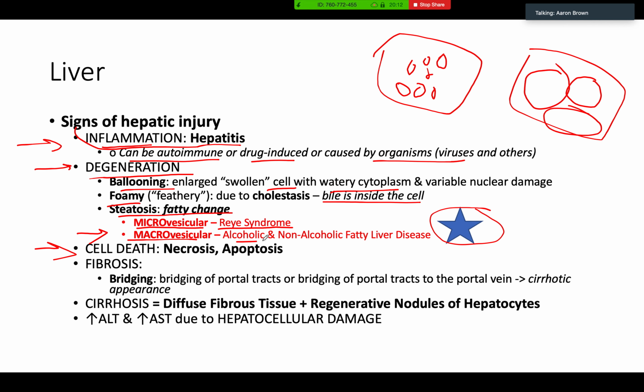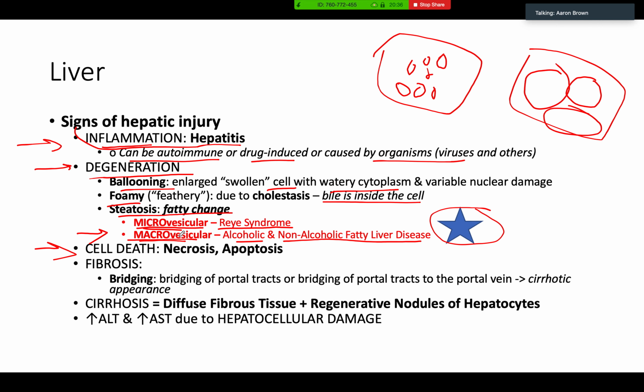Macrovesicular, we associate with alcoholic and non-alcoholic fatty liver disease. Okay? So your alcoholics are going to have macrovesicular. Children have microvesicular. So the way you remember this, and I think it's going to be obvious to you now, is that children are kind of micro, they're small, and so they get microvesicular change. They get Reye syndrome, versus when you want to drink, you have to be older.